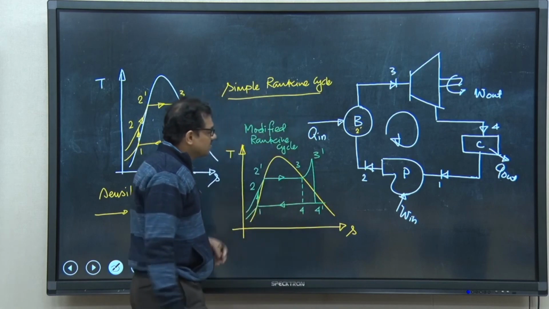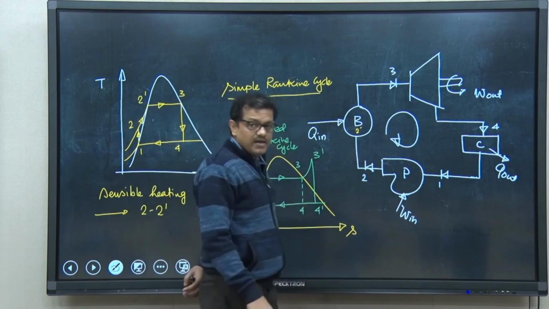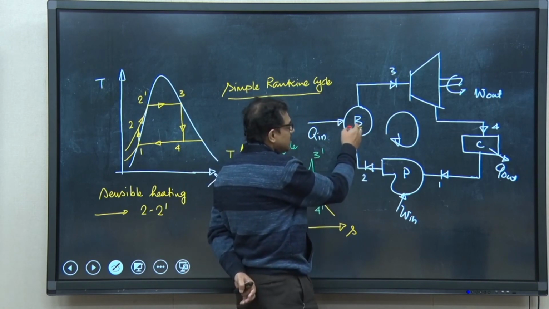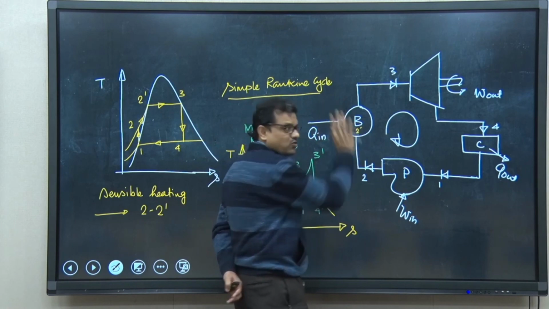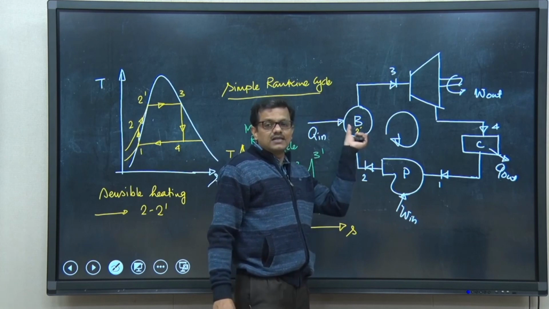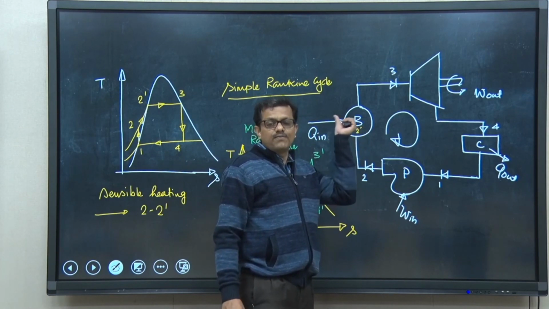So, try to understand, if we can make an arrangement so that the feed water leaving the pump and before entering the boiler can be increased up to 2 prime, but to increase the temperature, the required heat should not come from the combustion of fuel.